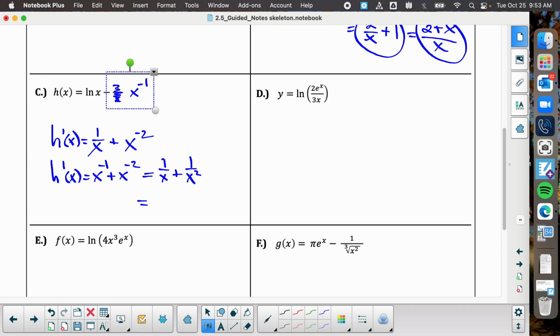This gets super annoying after a while. Correcting your tests is horrible because there's a million different ways to answer things. If I common denominator this, then this would be x plus 1 over x squared. All three of these are equal and correct. Makes my job hard. And they all look very different.